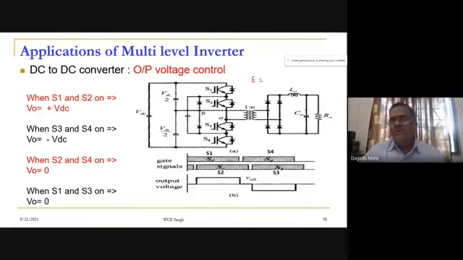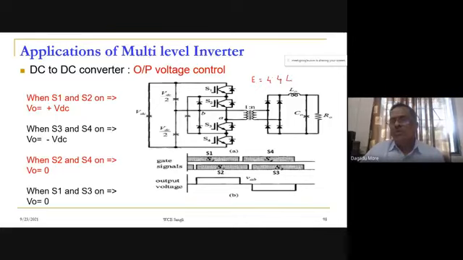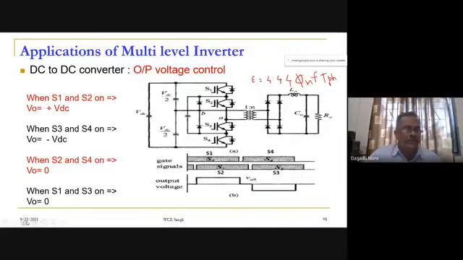E will be equal to 4.44 phi m f T_ph. So the EMF equation of the transformer is E equal to 4.44 phi m f T_ph.